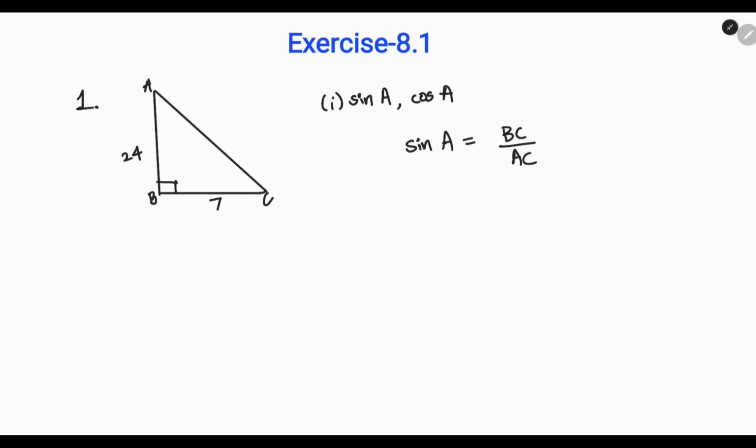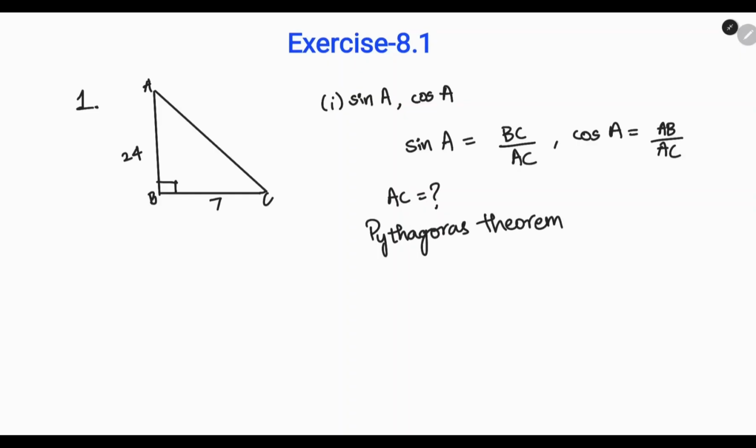Similarly, cos A is adjacent side AB by AC. So to find AC, we use the age-old Pythagoras theorem. From Pythagoras theorem, as we know, the square of the hypotenuse is equal to the sum of squares of the other two sides.